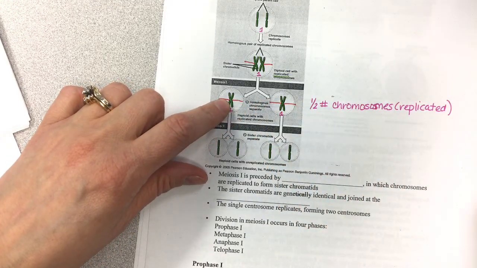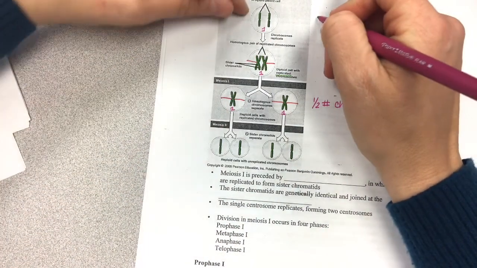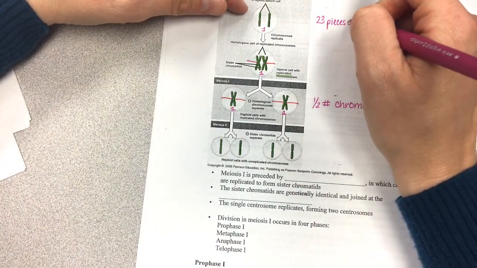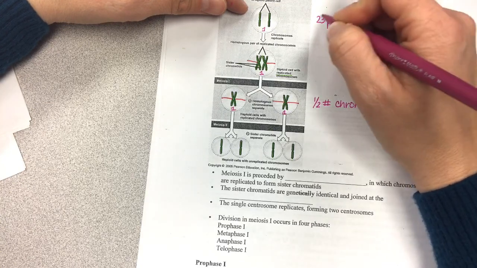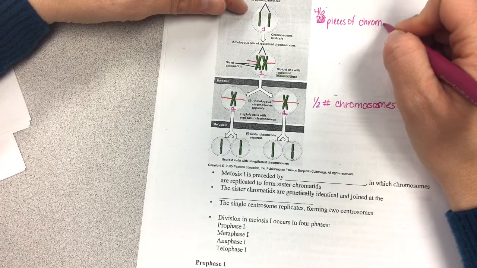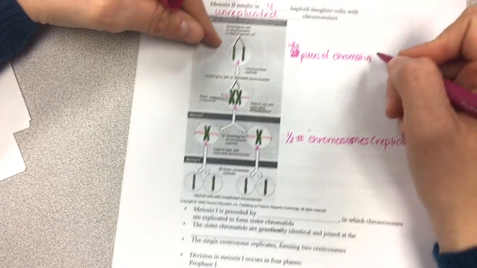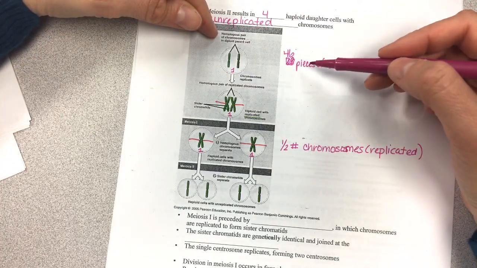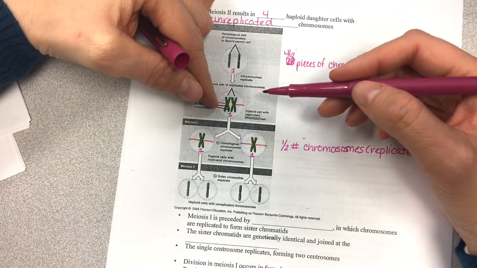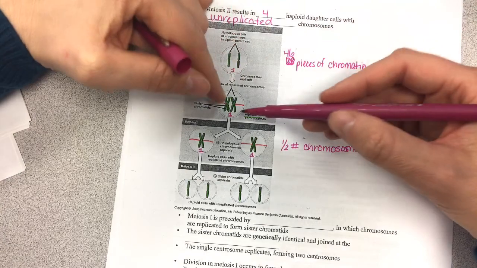So for humans, at the very beginning, we have 46 pieces of chromatin. All right, those are going to replicate and condense into chromosomes.